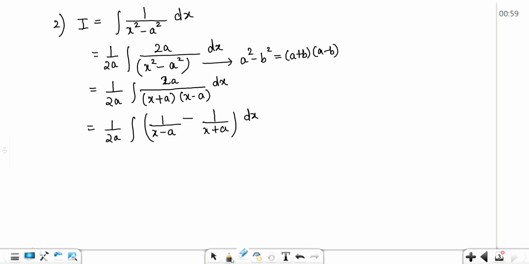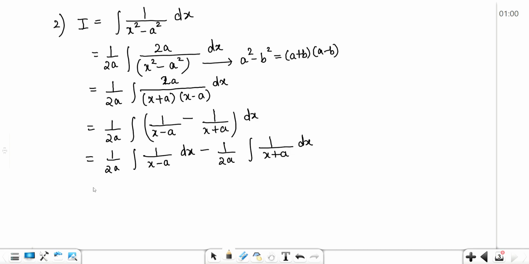Right, now let's move on to the proof. Let's separate this integral. So this will be 1 upon 2a integral of 1 upon x minus a dx, minus 1 upon 2a integral of 1 upon x plus a dx. In the denominator you can check, this is a linear term.